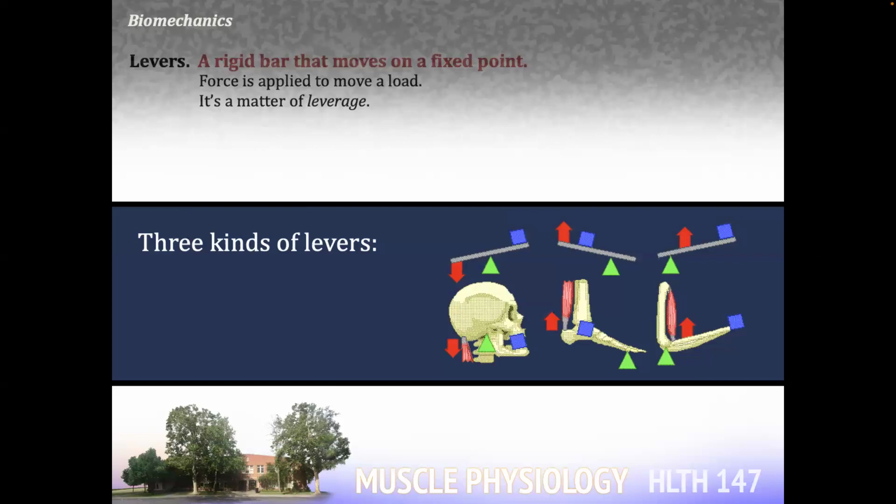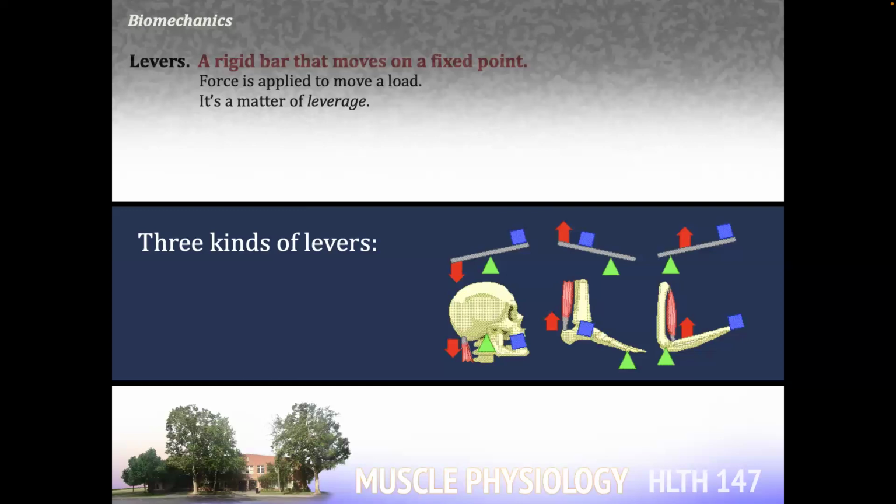The fulcrum is not in the middle in a class two or three lever. But for a class two lever, the load is in the middle and the force is at the other end, which means it always has a mechanical advantage. Always the moment arm of the force or the muscle is longer than the moment arm of the load.